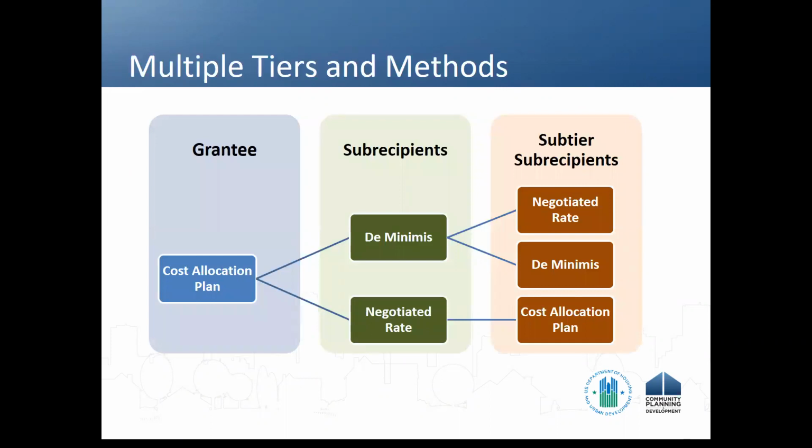So the following illustrates the point that grantees cannot require subrecipients to use one indirect cost method over another. This is because grantees and subrecipients alike must select one method and use that method uniformly across all federal awards.